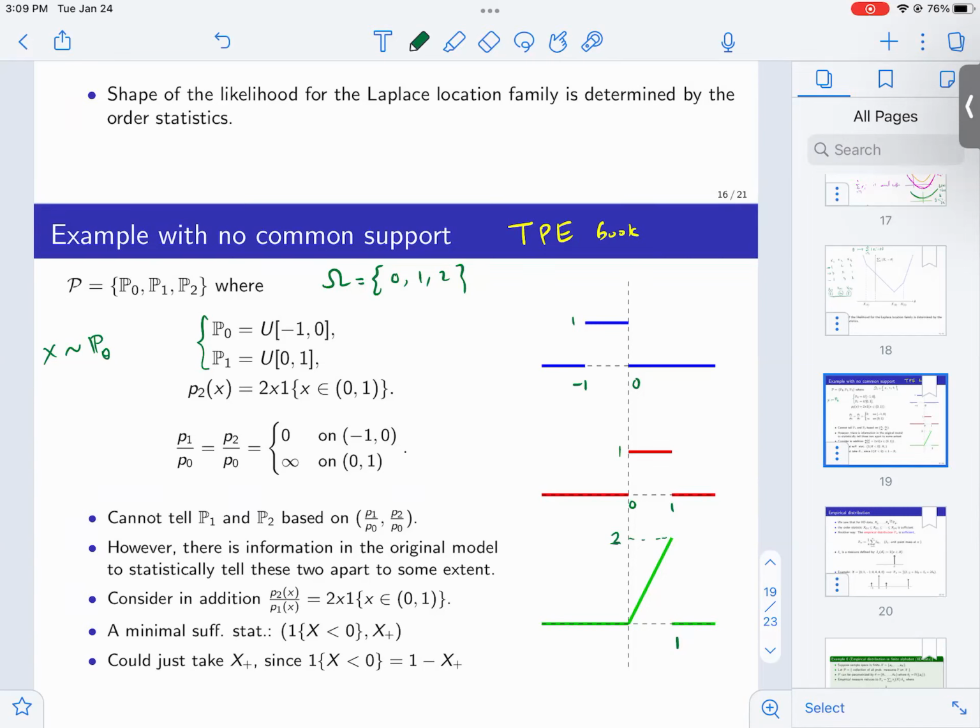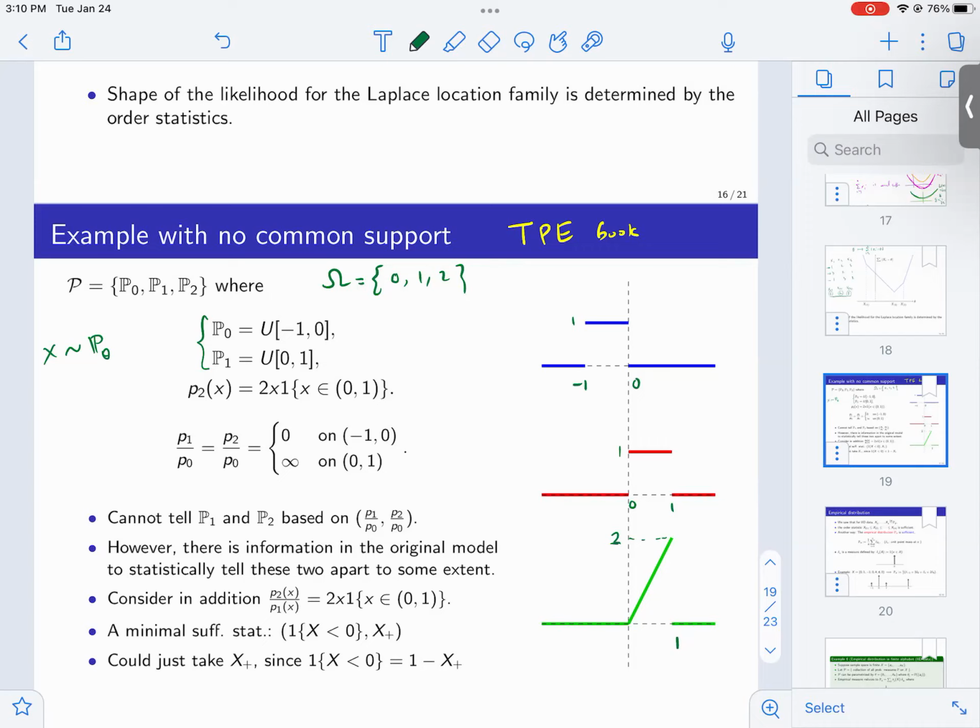But they both carry the same information, and it's just the sign. This is like a step function, 0 to infinity. So these likelihood ratios carry the same information as the sign. If you do this in this DCS family, you lose information. So you also have to look at the likelihood ratio between these two.